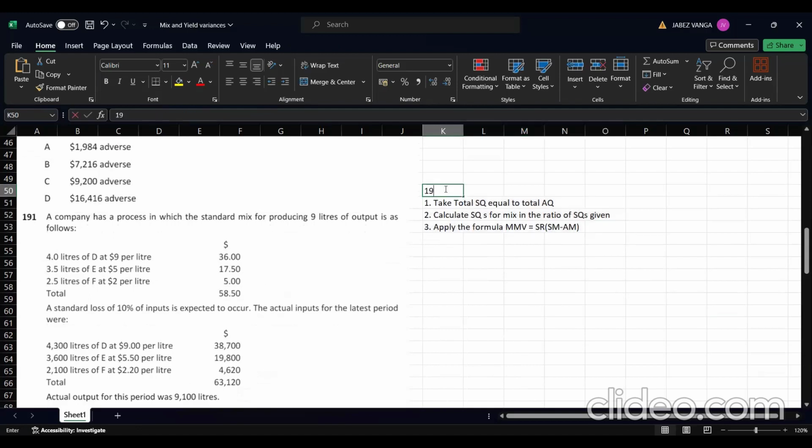Let's solve question number 191. How many types of material? We see material, we have first D, then we have E, then we have F.